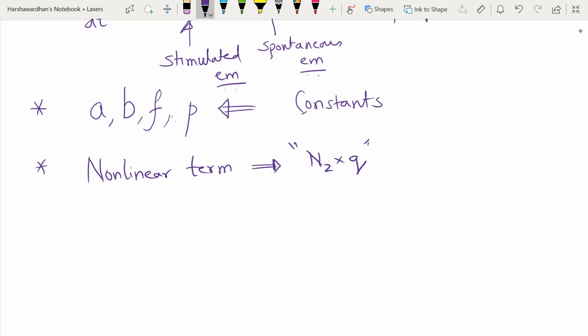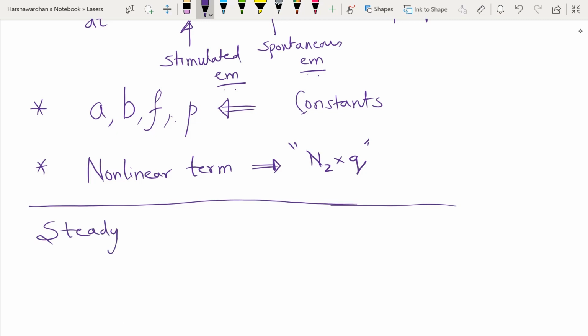Right, so now let us analyze these two equations in the steady state. That would mean that I have created now my lasing system, and I want to operate this laser in a manner that doesn't change in time. That is, in the steady state, I would have no change in the number of excited atoms.